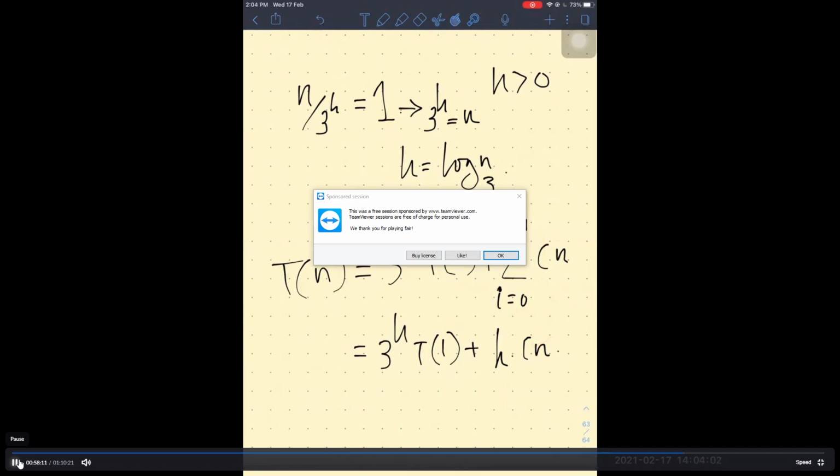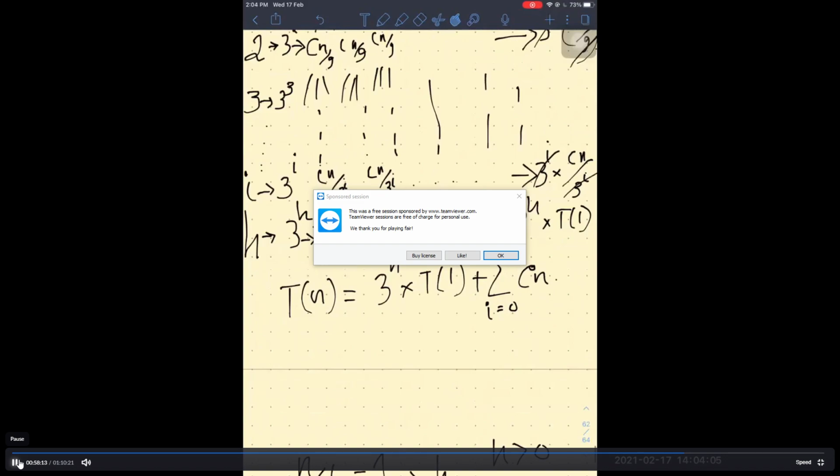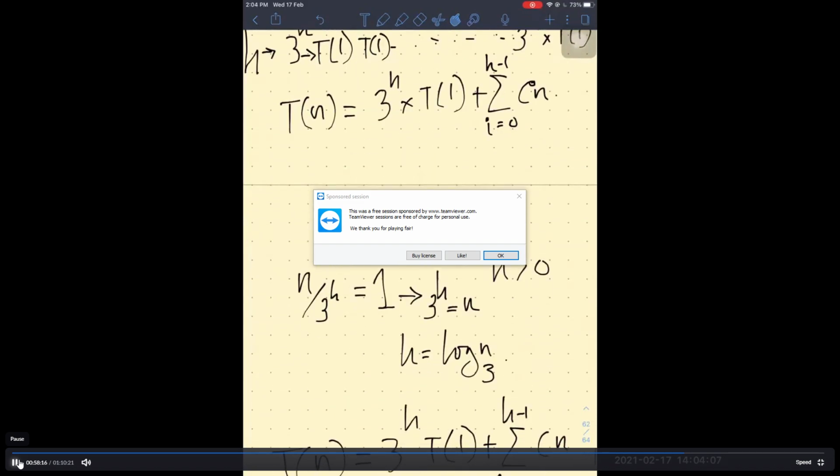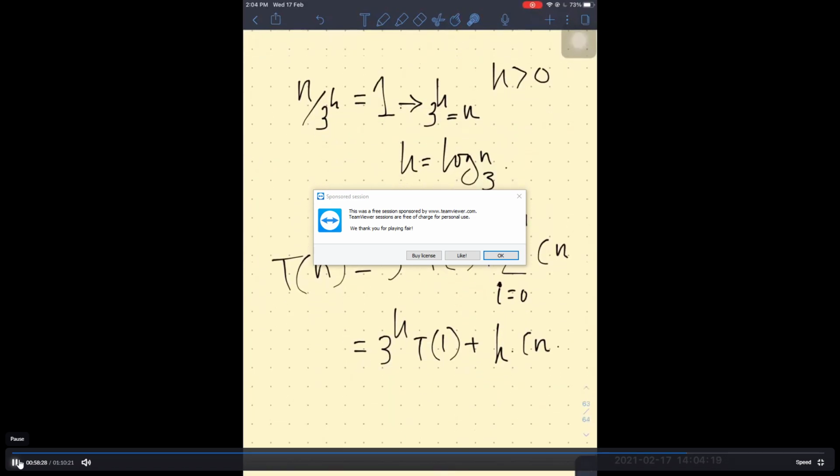Then we replace this h from our assumption, which is h equals log of n base 3. If we replace this h in this equation, we get 3 to the power log of n base 3 times T(1) plus c(n) times log of n base 3.